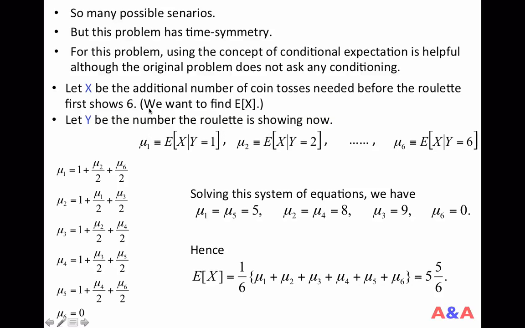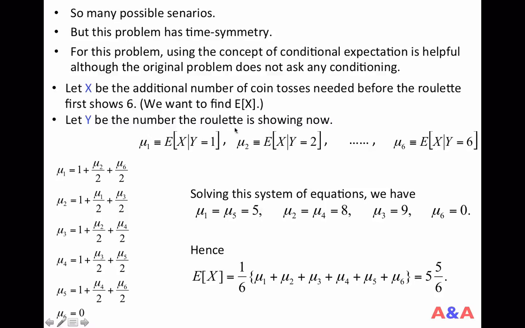Let us introduce the notation mu1, mu2, up to mu6. So mu1 is the expectation of x given y equals 1. That is, mu1 is the expectation of the number of coin tosses needed before the game ends when the roulette shows 1.